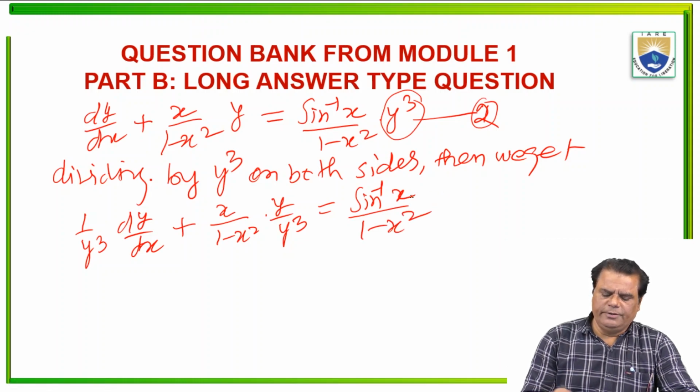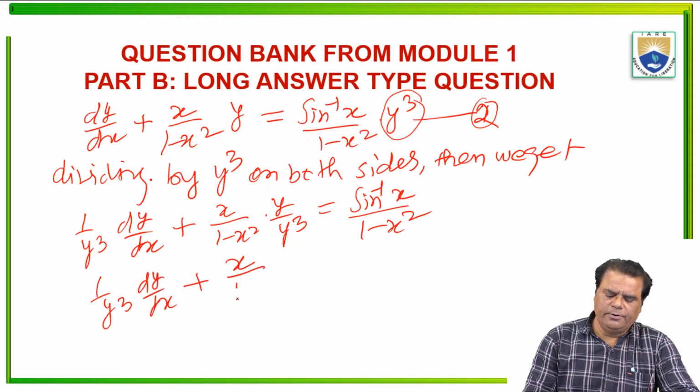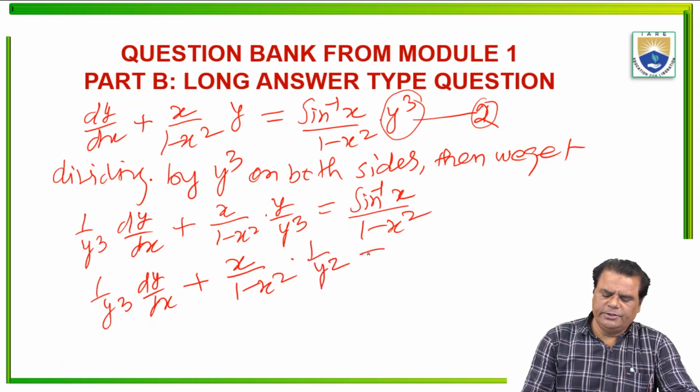This is equation 3. Now 1 upon y cube dy dx plus x upon 1 minus x square into 1 upon y square equal to sine inverse x upon 1 minus x square.